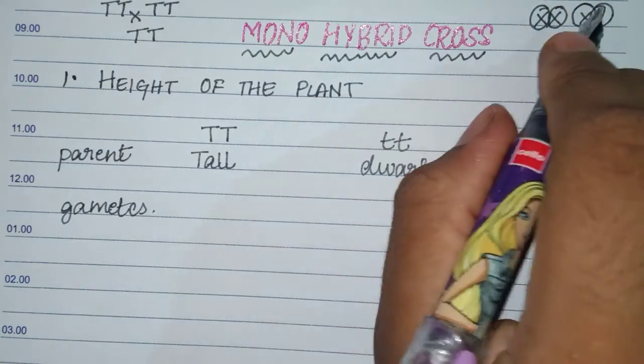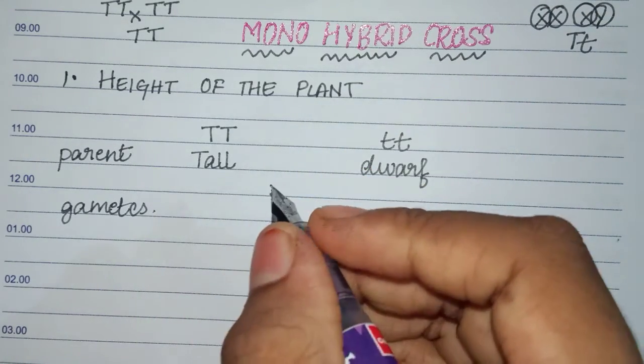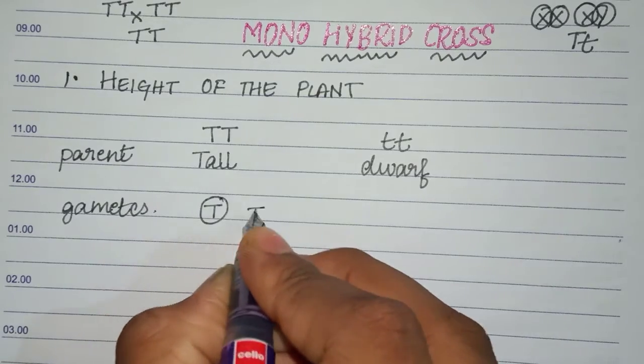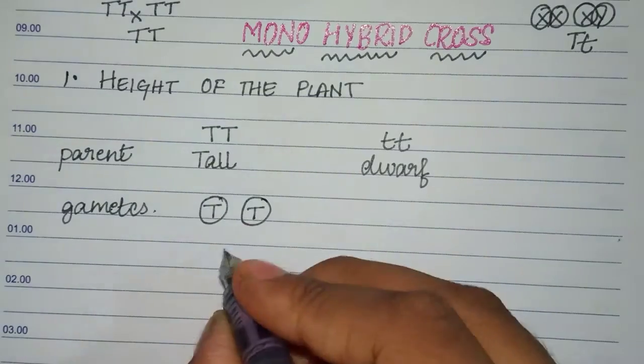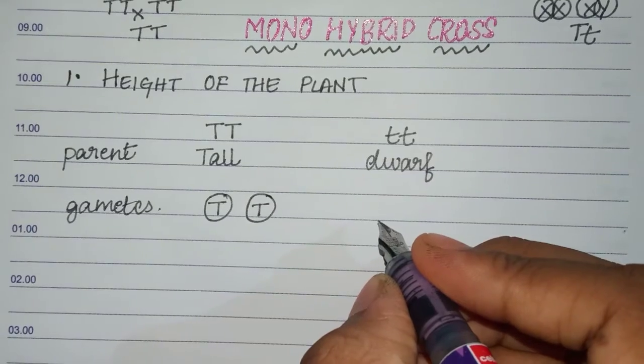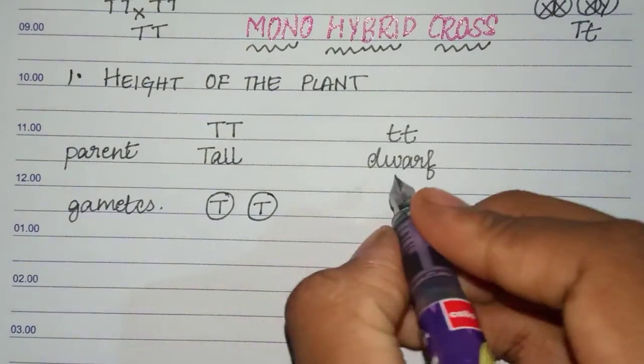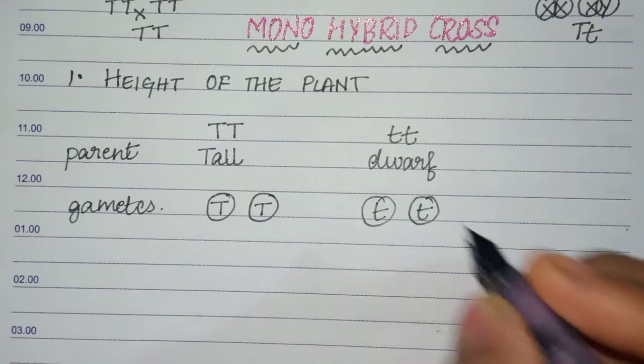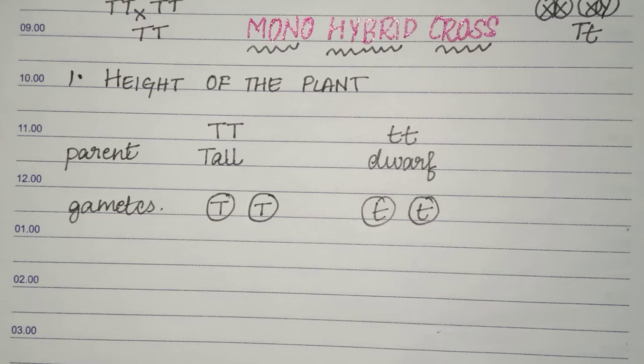So these are nothing but gametes. For the tall parent, we'll have gametes capital T and capital T, and similarly for the dwarf plant, we're going to have gametes small t and small t. So you got the gametes now.